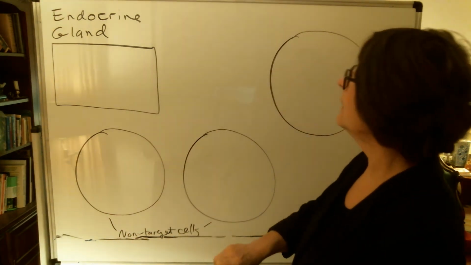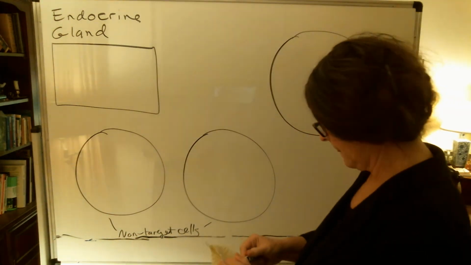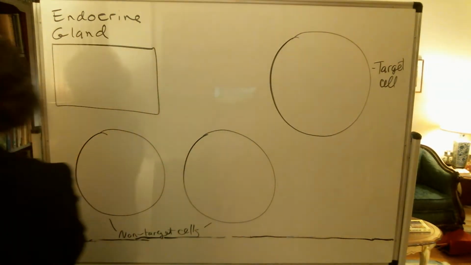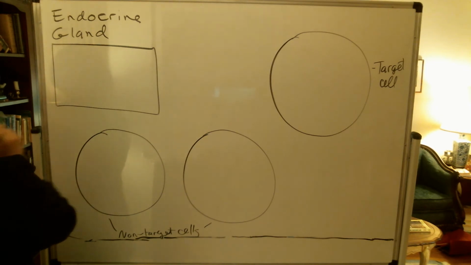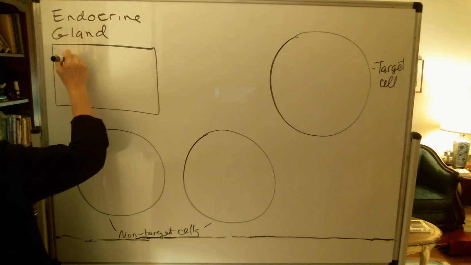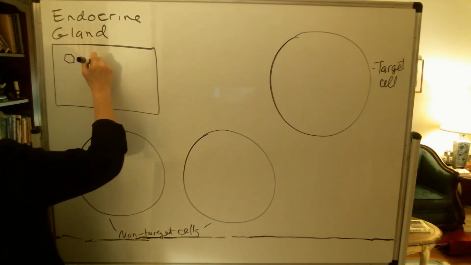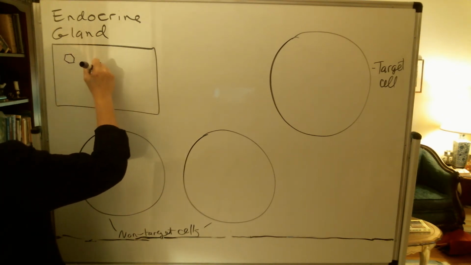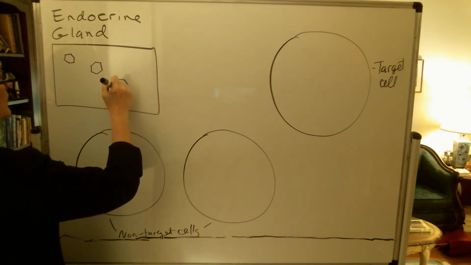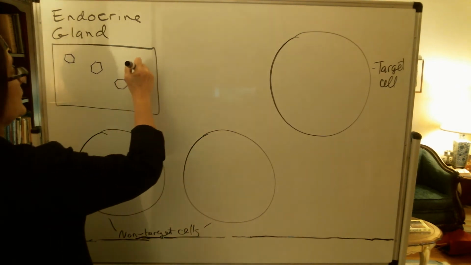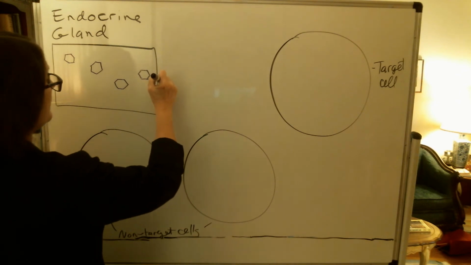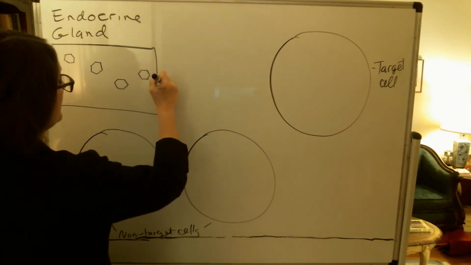There and there. So now we have a hormone with a different shape. So here now we have, I'm going to make little hexagons here. Again, the shape is important and specific to this hormone. So here they are then.